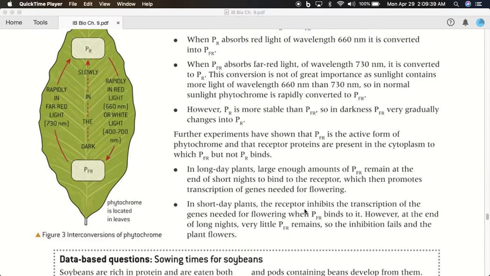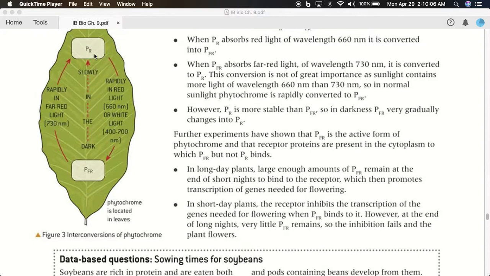The receptor that they have inhibits the transcription of the genes needed for flowering when PFR binds to it. So if you have PFR in short day plants, that inhibits flowering. In long day plants, if you do have PFR, that is going to promote flowering. So long day plants like to have a lot of PFR. Short day plants do not like to have a lot of PFR if they want to flower.